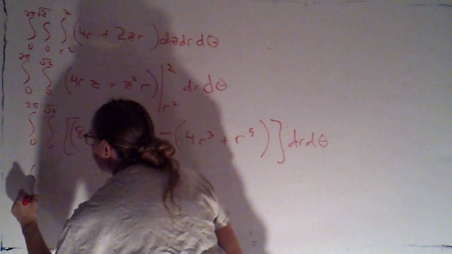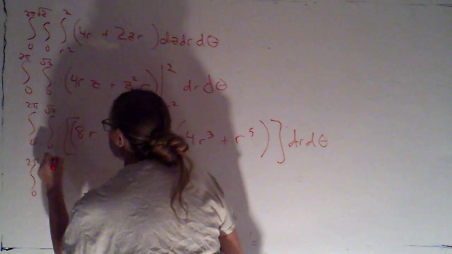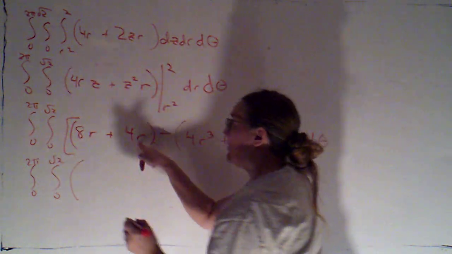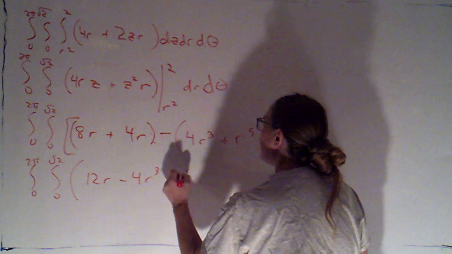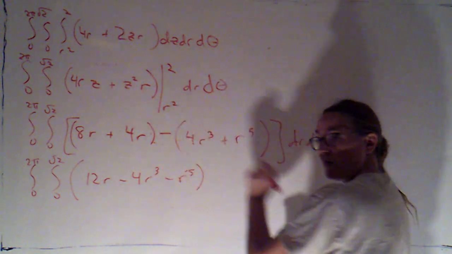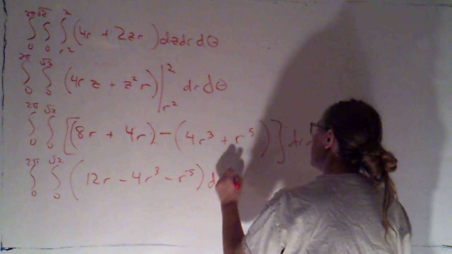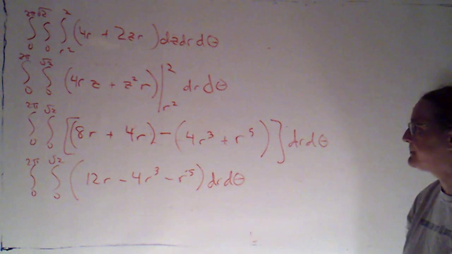So integral 0 to 2 pi, integral 0 to root 2. You can combine those to just get 12r, and then minus 4r cubed minus r to the 5th, just distributing that negative, dr d theta.